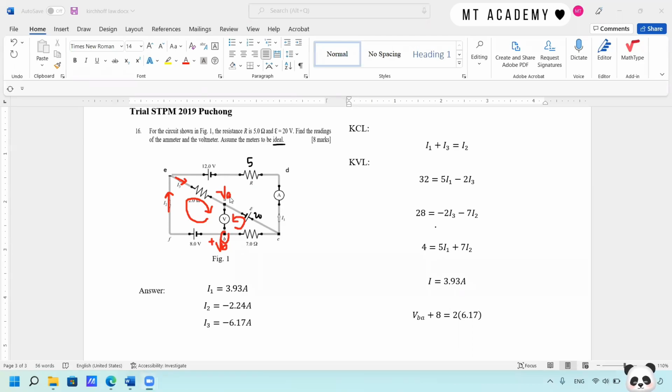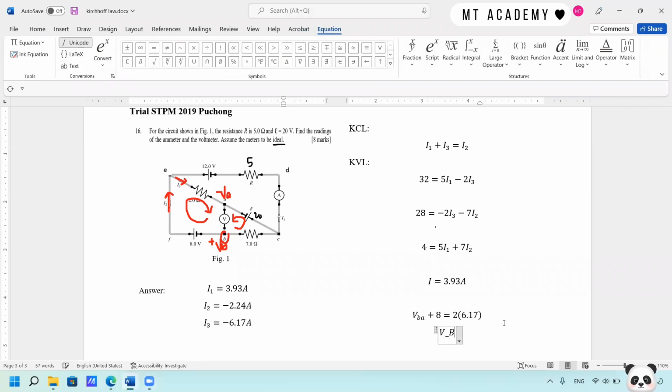VB is still higher than VA, so we have VBA minus 20 volt, because the 20 volt is not following the conventional direction. And then we have negative 7 multiplied by I2, which is 2.24 ampere. If you solve these two equations, you should obtain almost the same answer. I will leave it for you to find it yourself.